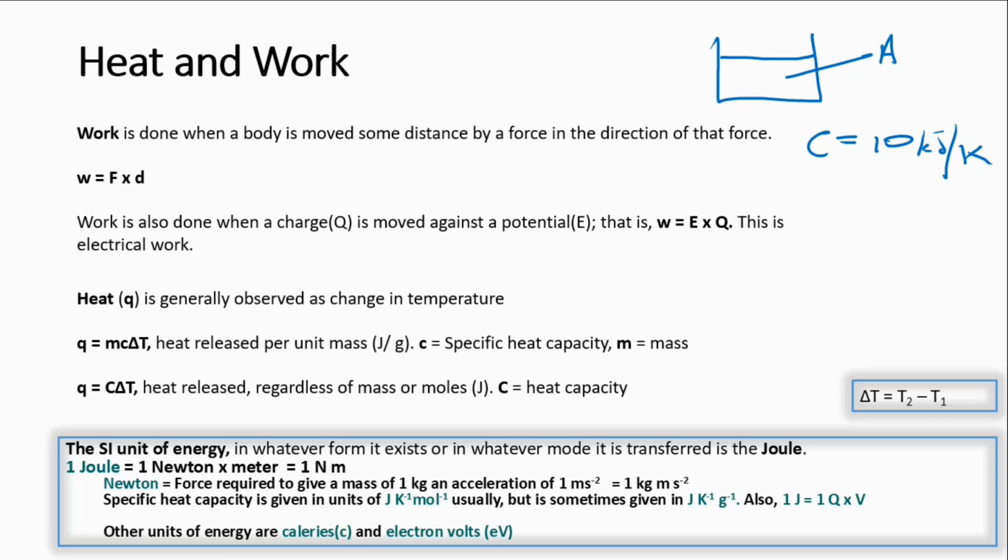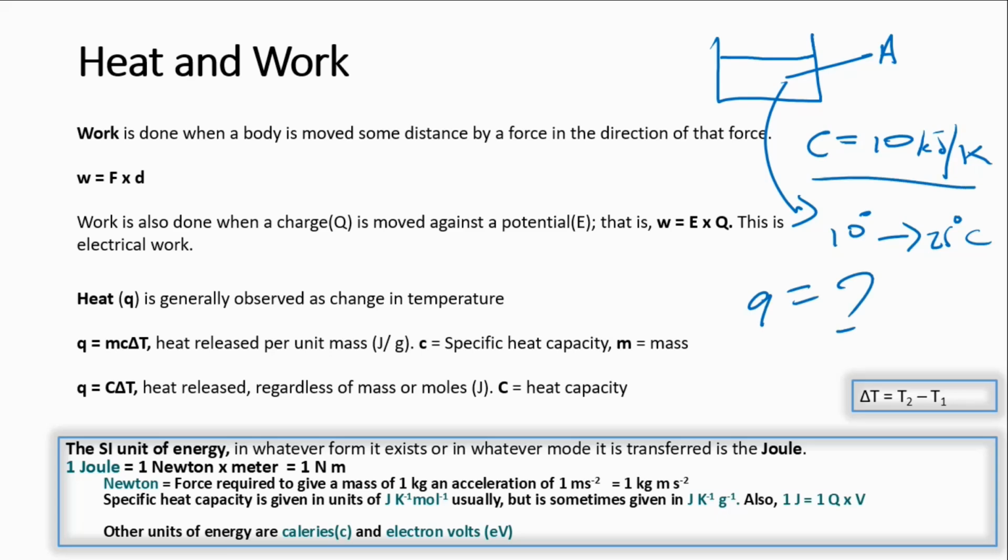And let's say somebody asks you what energy or what amount of heat would be required to increase the temperature of this bucket of water from 10 degrees Celsius all the way up to 25 degrees Celsius. What amount of heat would be required?